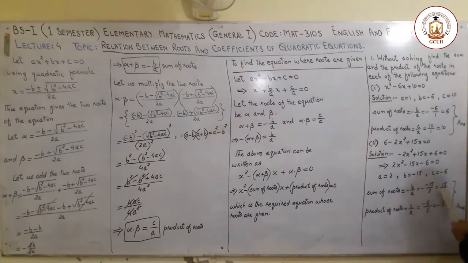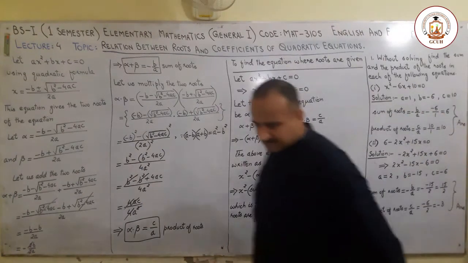Here we have obtained the sum of the roots, which is 15 upon 2, and 2 1s are 2, 2 3s are 6, using the table of 2. So here we find minus 3 as the product of the roots. So this is the answer of this question.